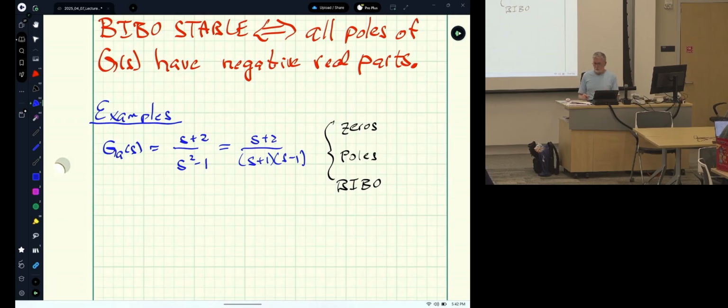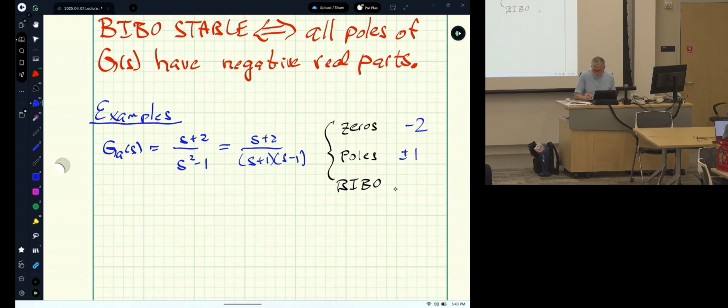They're the roots of the numerator. So it's minus 2. The poles are the roots of the denominator, plus minus 1. And then is it BIBO stable?